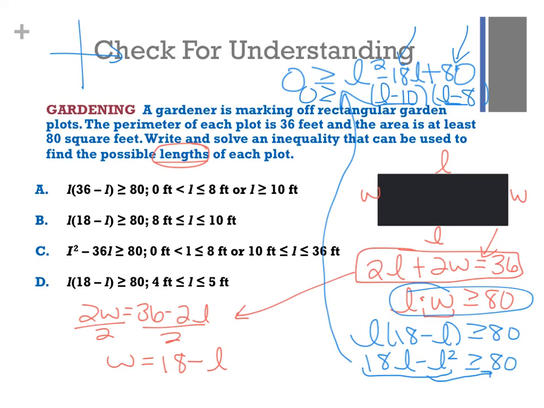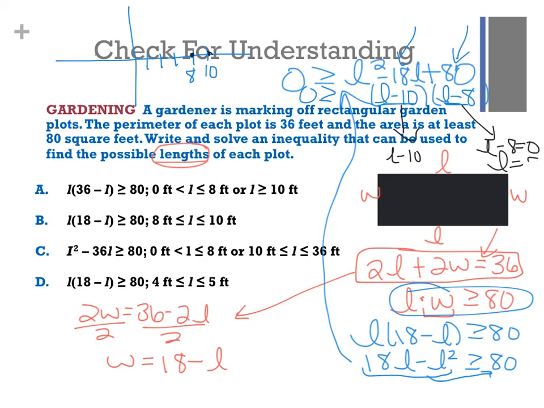So if I go ahead and erase this graph up here, I'm going to make it a little bit bigger. 2, 4, 6, 8, and 10. You're going to cross at 8 and 10. Again, if you set L minus 10 equal to 0, you would get 10, and L minus 8 equal to 0 would give you L equals 8.